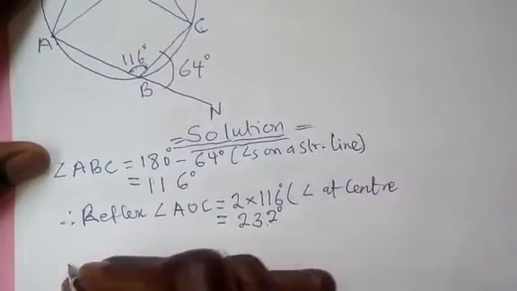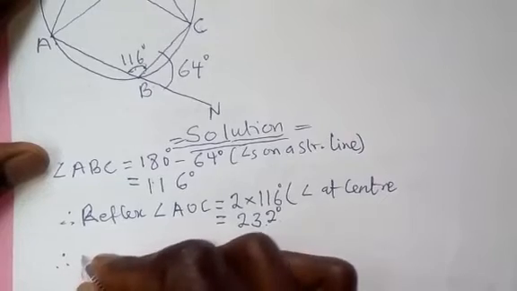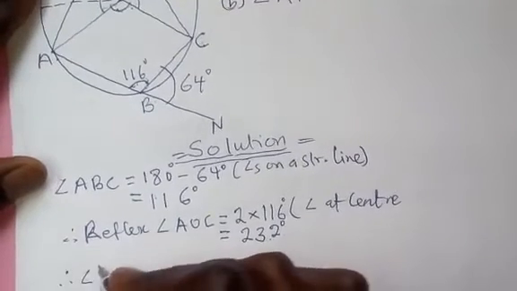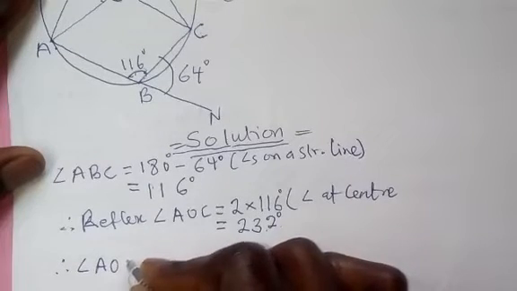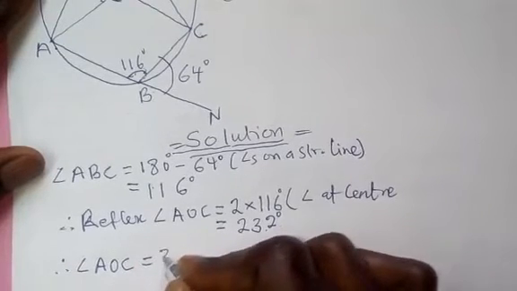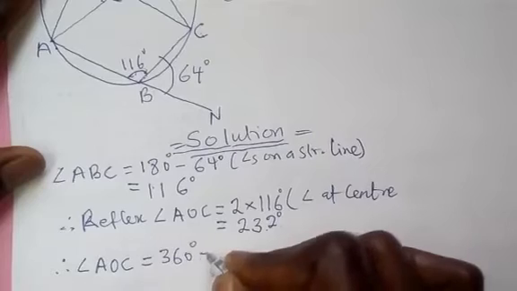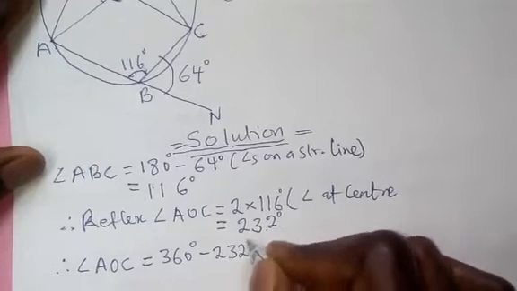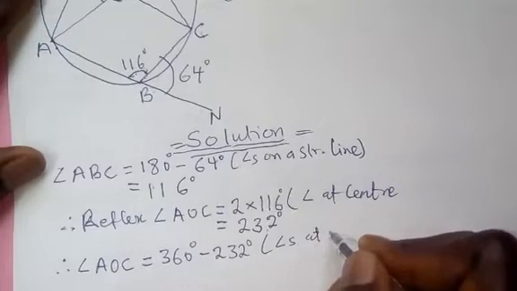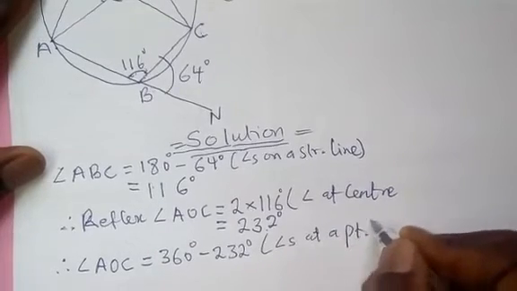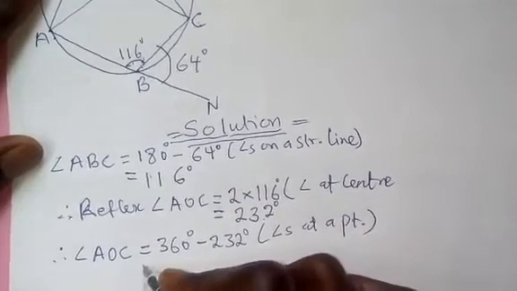So we can say, therefore, our angle AOC would become 360 degrees minus 232 degrees, that is angles at a point.